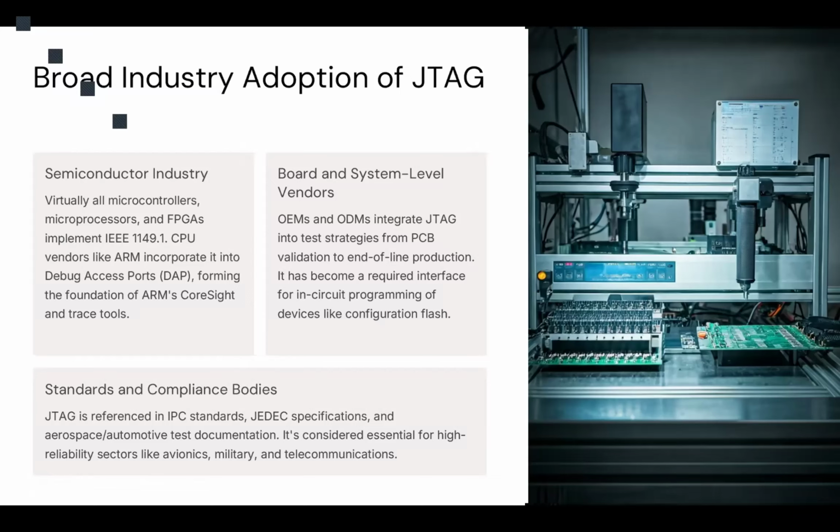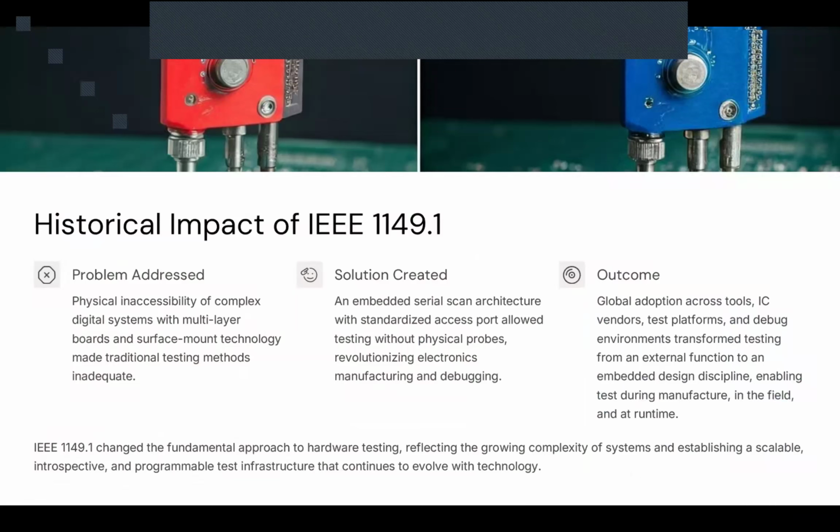They develop all their criteria and processes based on this architecture and methodology. It's considered a very essential tool for high reliability systems like aerospace, aviation, and telecommunication. All of those rely heavily on JTAG testing.